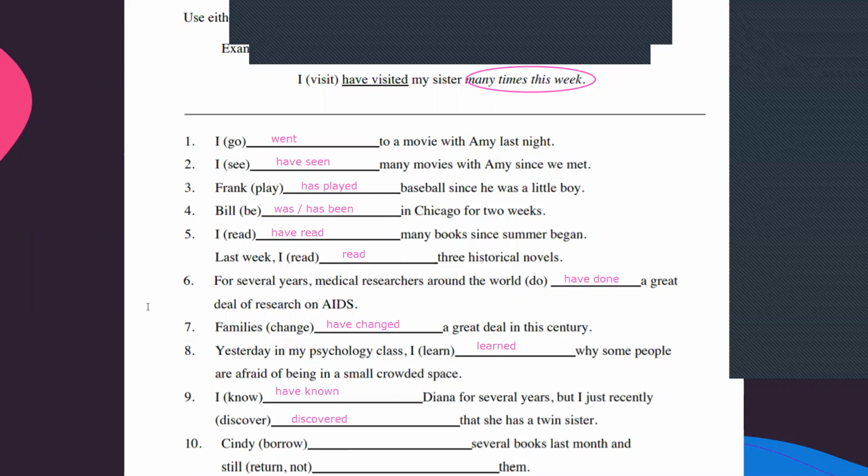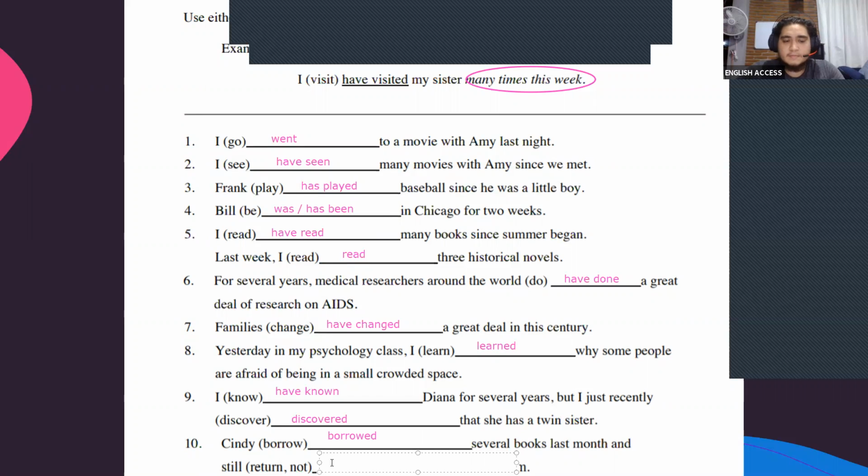Yes, Cindy borrowed several books last month and still hasn't returned them. And still what? Hasn't returned.